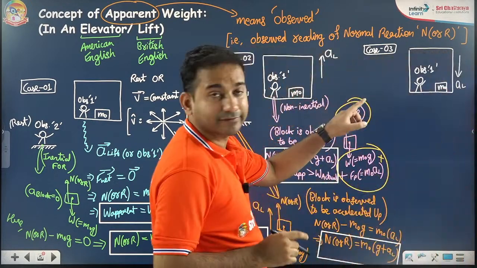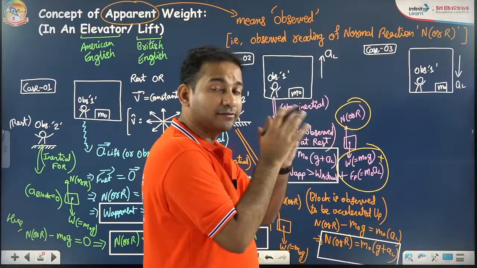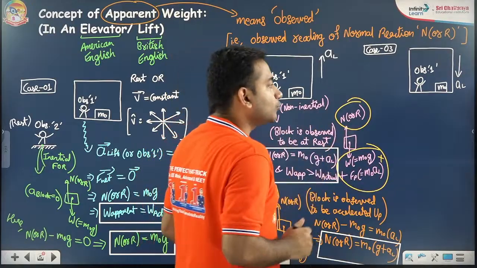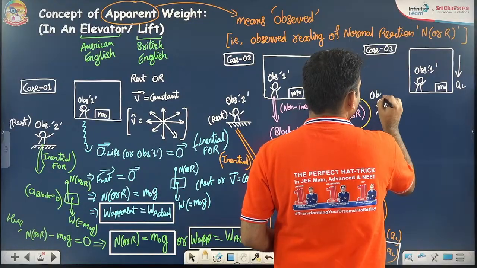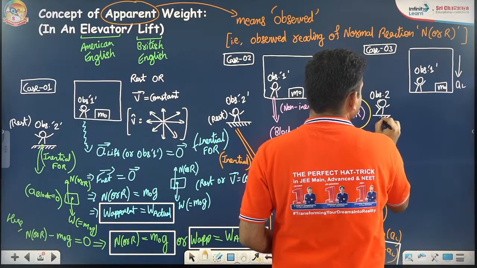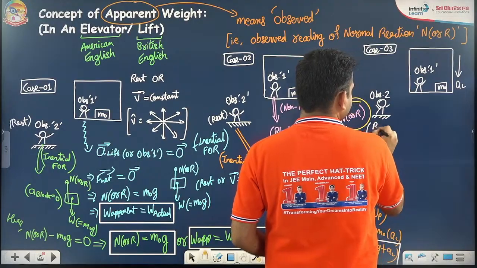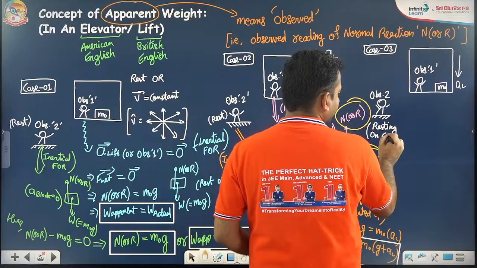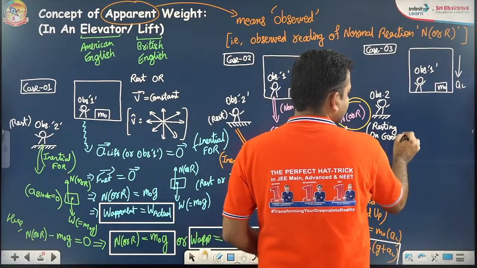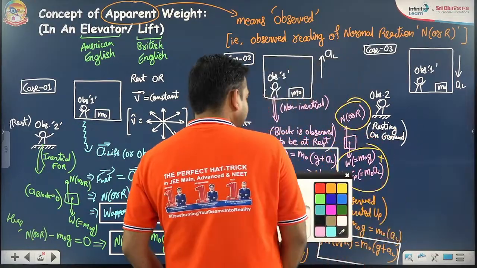According to observer 1, the block will always be in front of his eyes, so there is no motion observed. And there is observer 2, who is at rest on the ground.